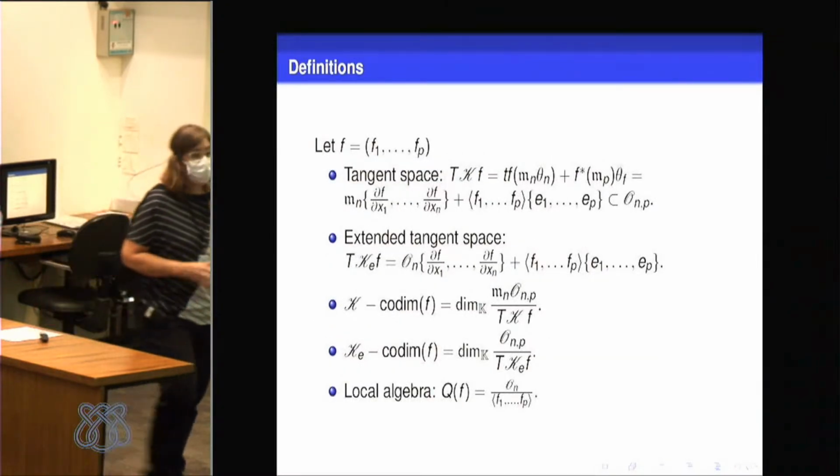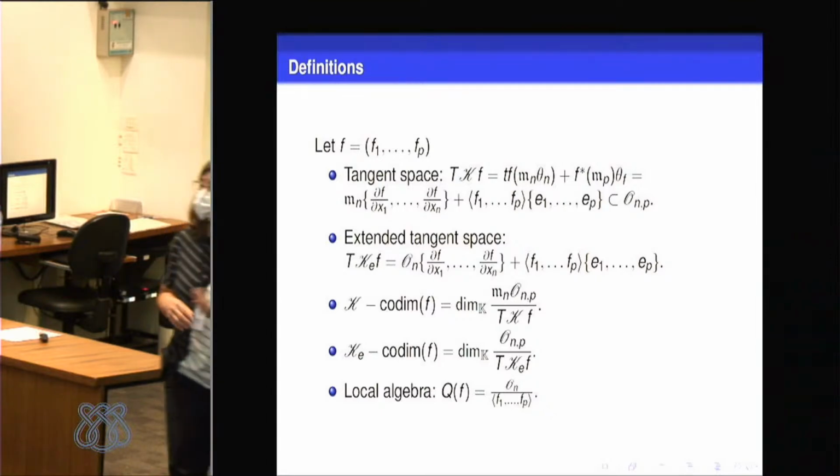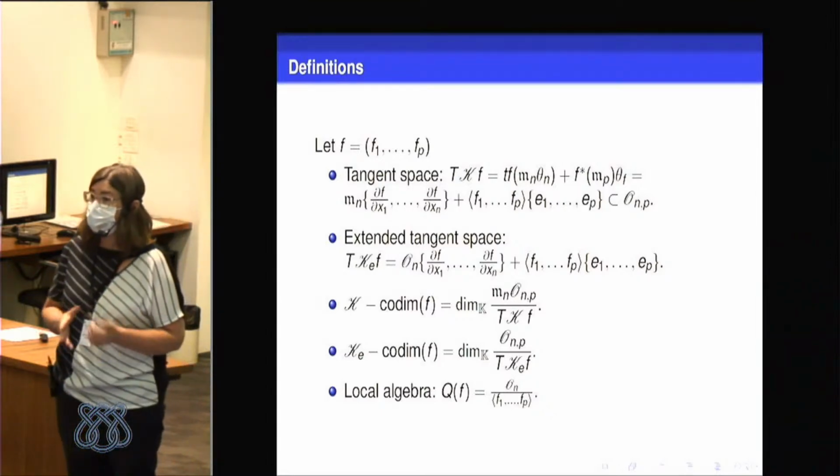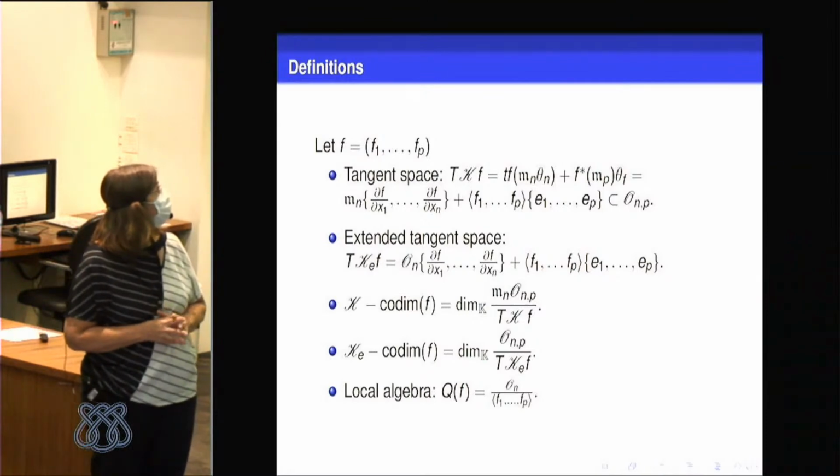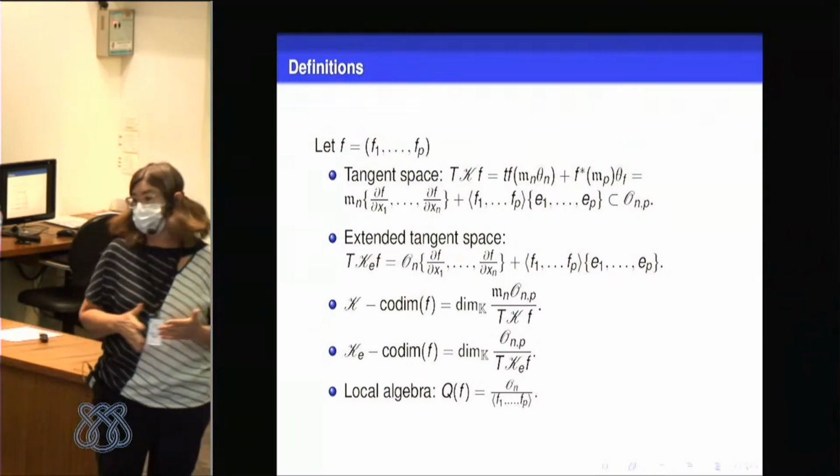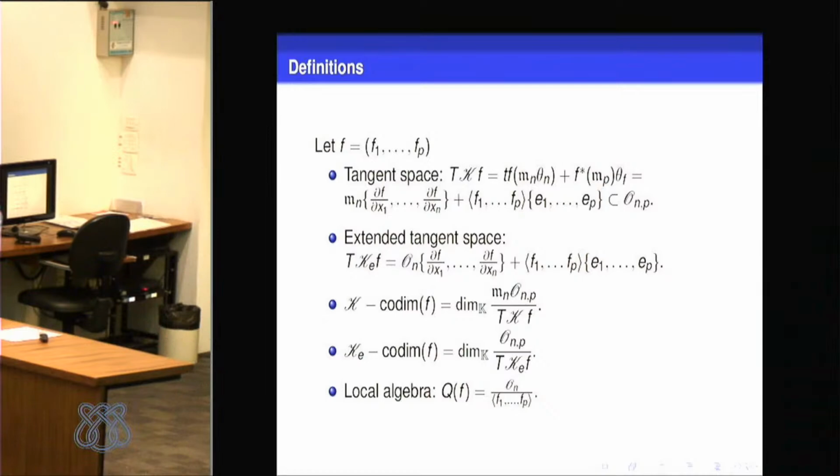Bruna has defined it, and she even showed us an example of how to calculate the tangent space. I would like to say a little bit more about this. Well, we have this notation, theta f.